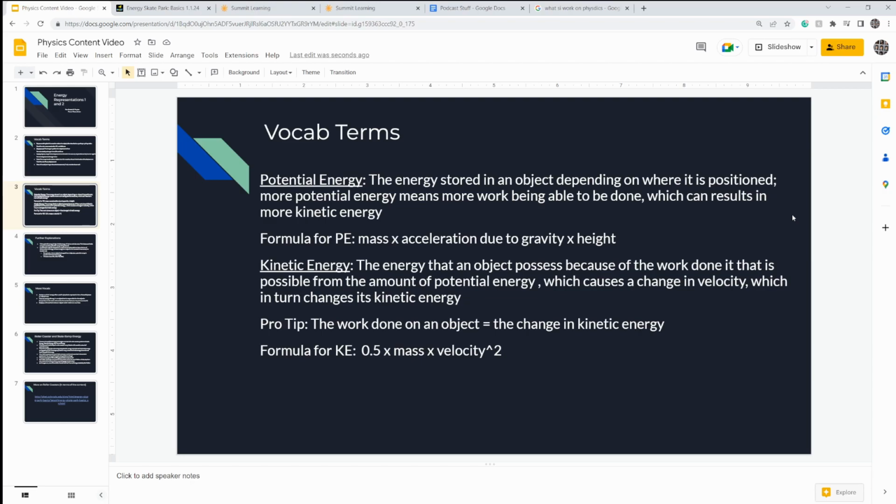The work done on the object will cause a change in velocity, which in turn changes its kinetic energy. Something to remember that'll help you with the content: the work done on an object equals the change in kinetic energy. So the more work done on the object, there'll be an increase in kinetic energy.